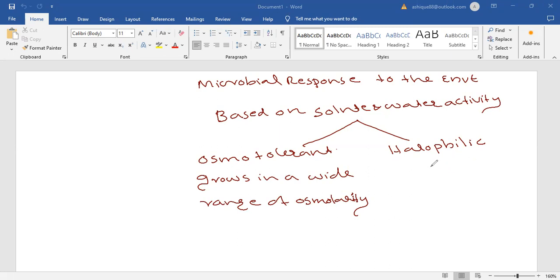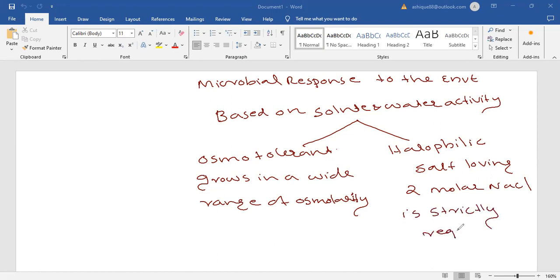Halophilic organisms are salt-loving organisms that strictly require 2 molar NaCl. Halophilic organisms grow in a narrow range only, whereas osmotolerant organisms can withstand a wide range of osmolarity. Okay, ready.